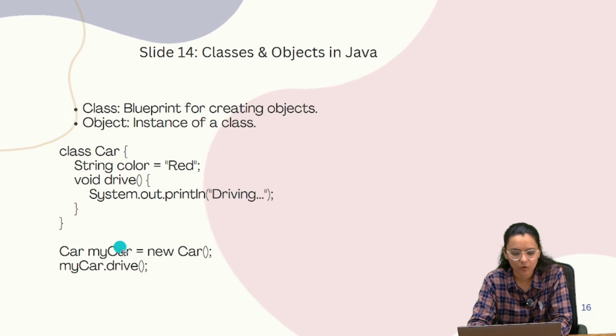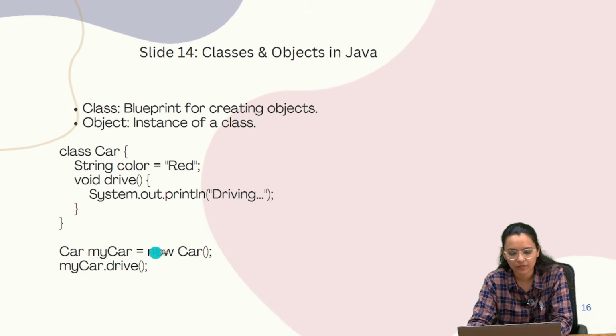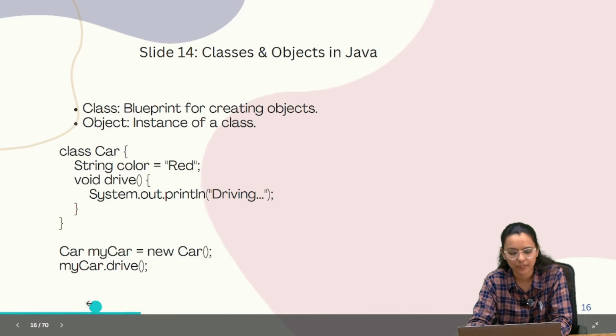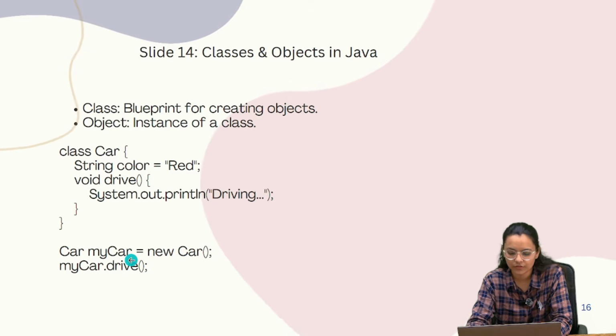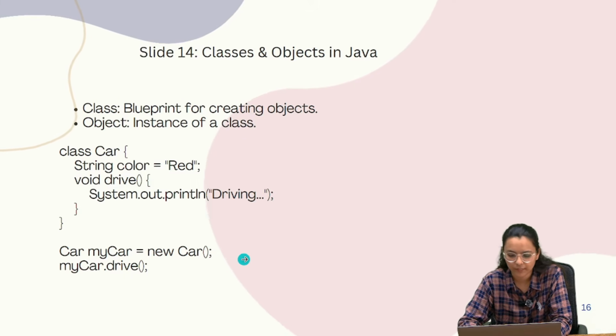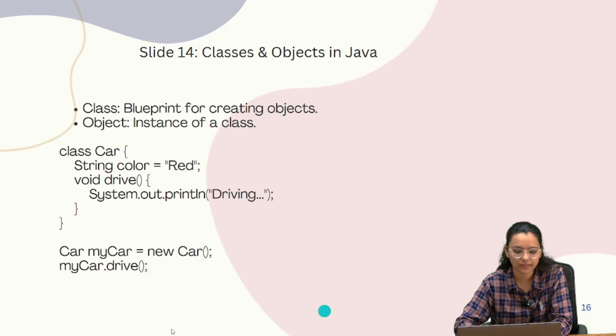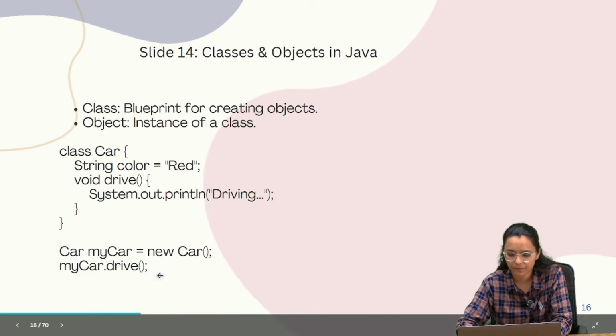Now creating an object. The object can be written as Car myCar equals new Car, and then we write myCar.drive, so we are calling the drive method. New Car means make a real car using the blueprint, and myCar.drive is the statement that tells the car to start driving.